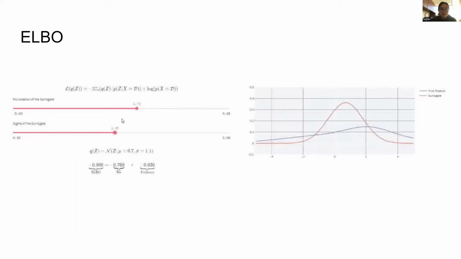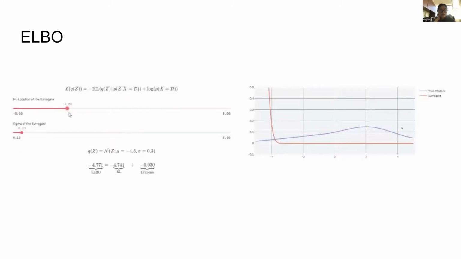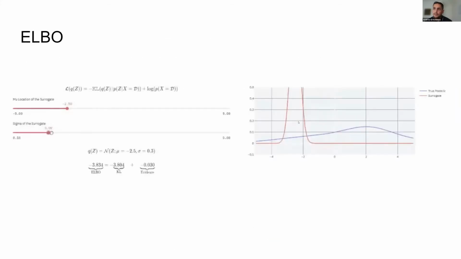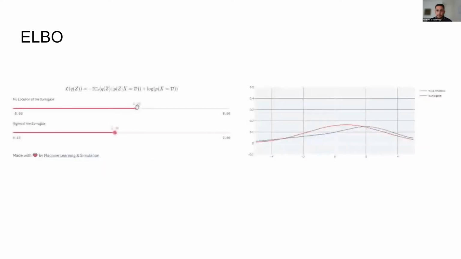Sorry, excuse me. Can you explain what these two curves are? I cannot see the legend clearly. Sorry, yeah, we had some downsampling when we created this. The purple curve is the true posterior, which is the distribution of the observable that we want to figure out. The red curve is a surrogate curve, a distribution that we're trying to learn.